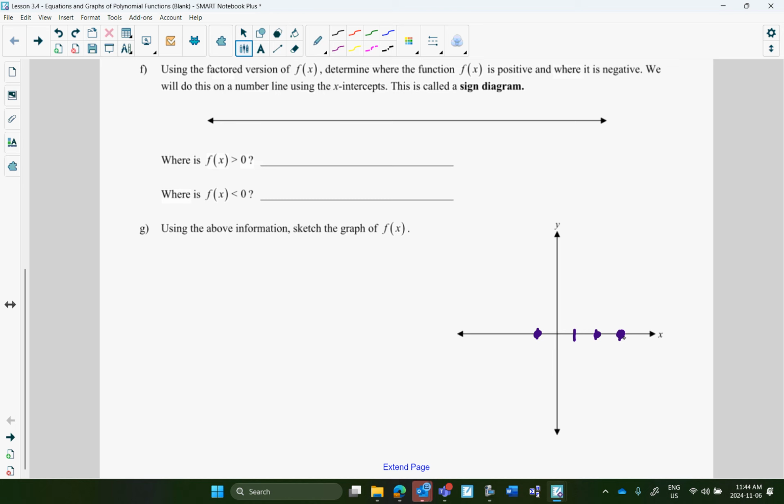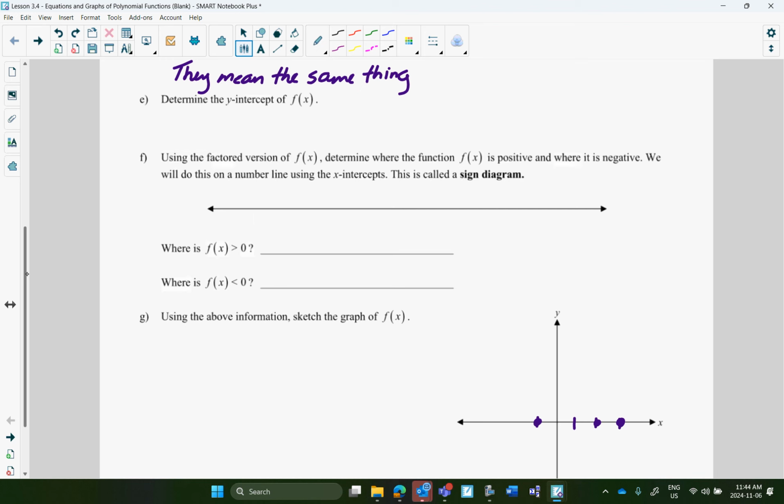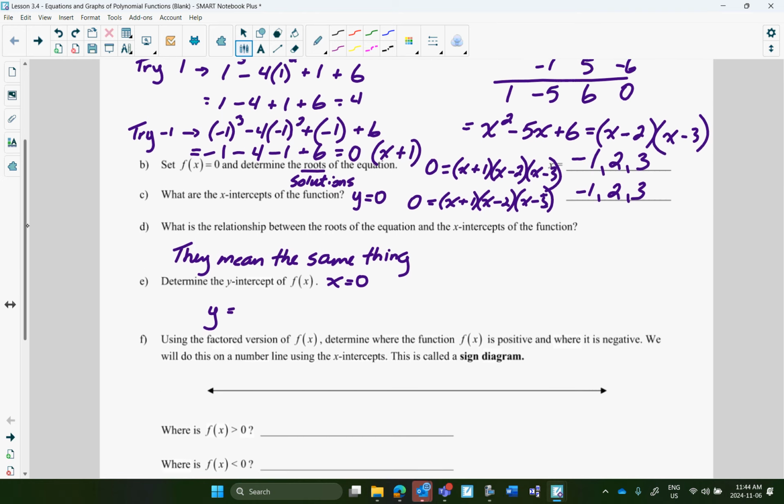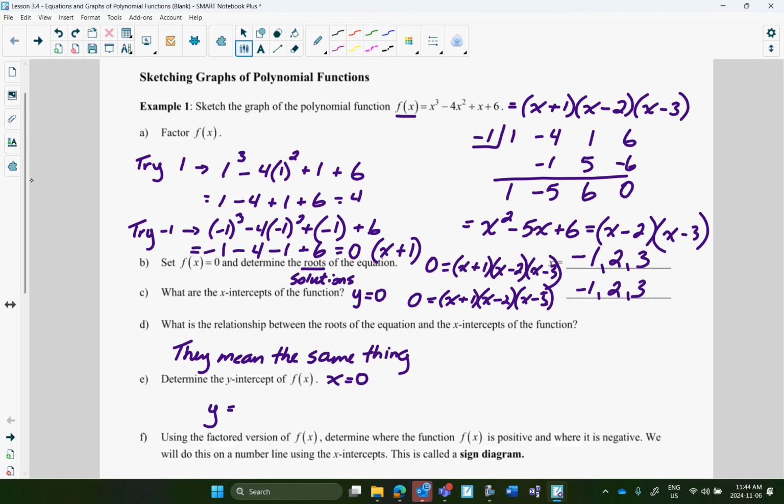What's another point I can find on the graph? The y-intercept. How do we find the y-intercept? Well, we just make x equal to 0. So that means y is going to be... scroll up. What's the original? You can plug it into this and calculate, or you can plug it into this. Doesn't matter which one. I like this one because don't all these become zeros?